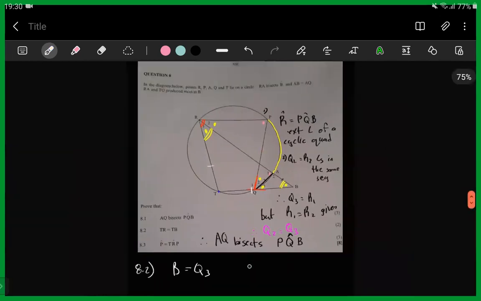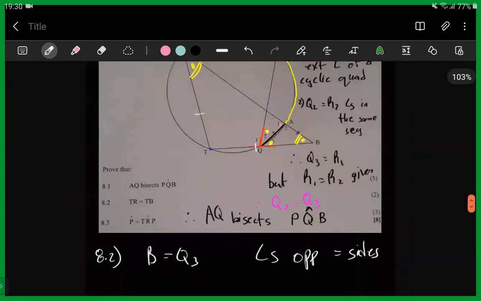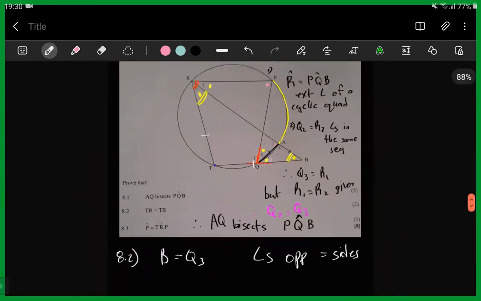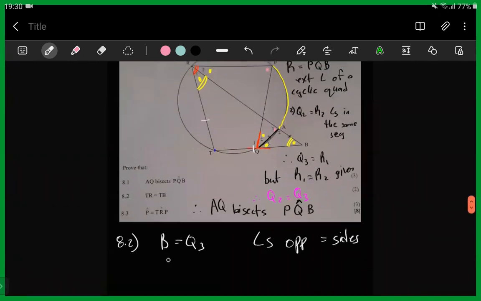The reason is angles opposite equal sides. Q3, we can actually just say it is equal to R1 because of an exterior angle of a cyclic quadrilateral. Because you see, RAQT is a cyclic quad. So we can even use that law: Q3 with R1, exterior angle of cyclic quad.